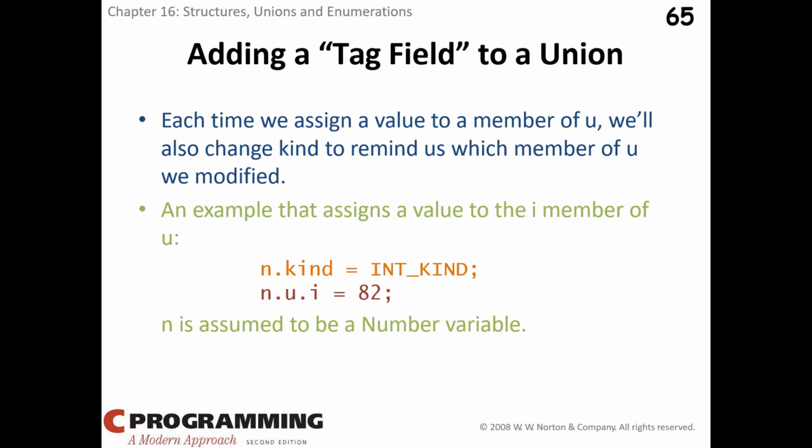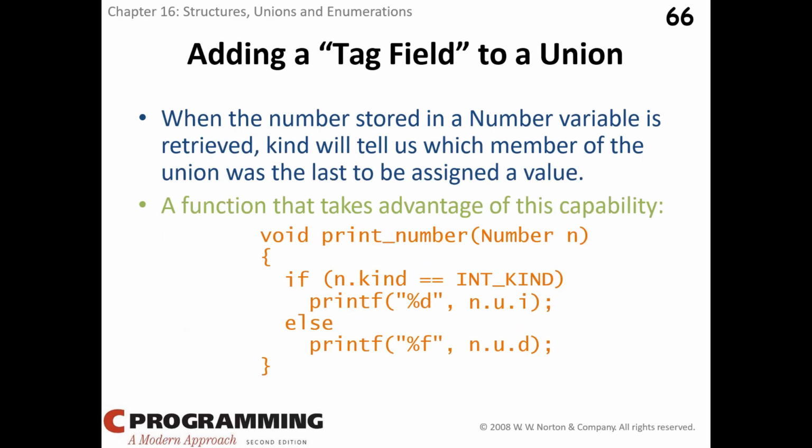Here n represents a variable of type number, which comprises the union u along with the tag field kind. By updating the tag field whenever we modify a member of the union, we maintain clarity regarding the type of data stored within the union at any given time.